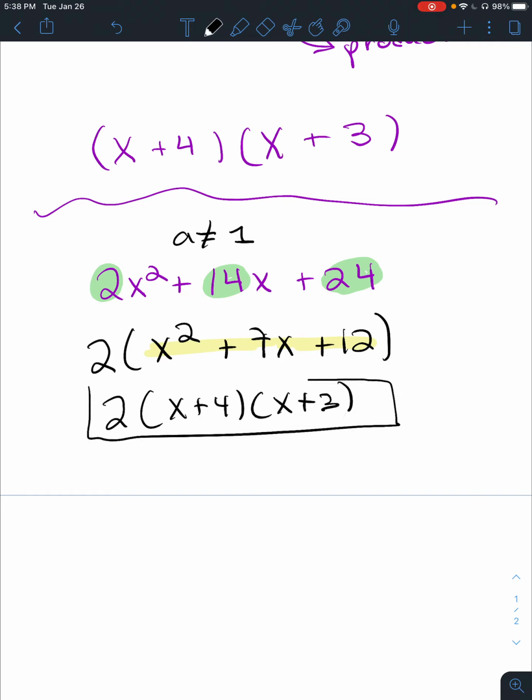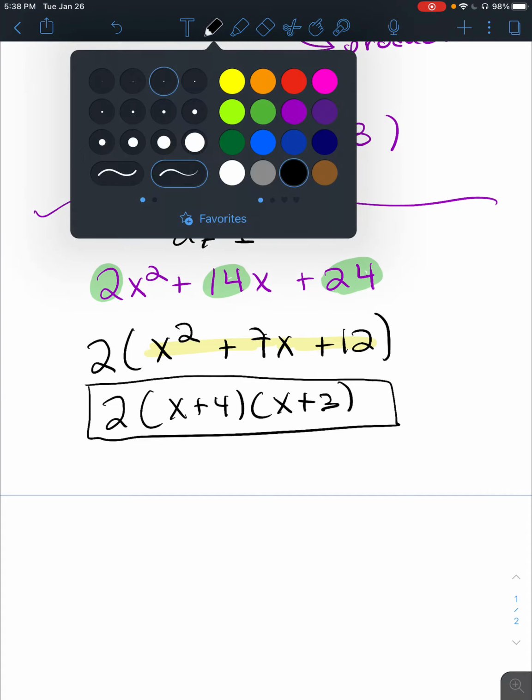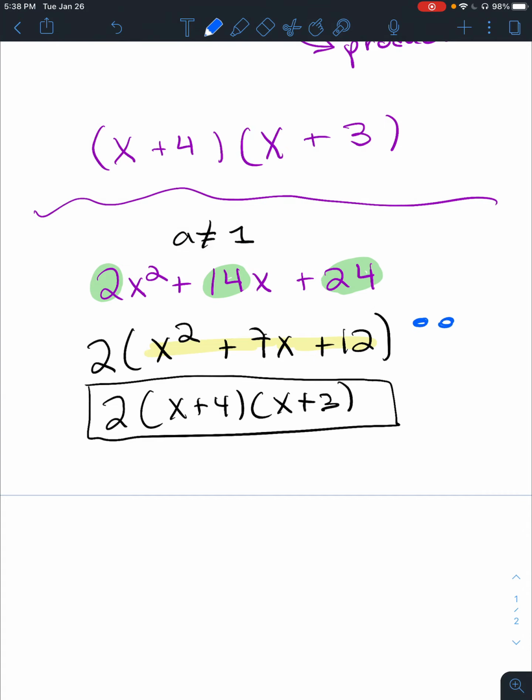One thing that I see a lot of students do is they get happy right here. They're like, I'm done. And no, you're not done, unfortunately. Instead of being a sad face, it should be like a sideways face because you're in the middle. You need to check if you're able to factor and keep going. As you can see in this case, you can keep going.